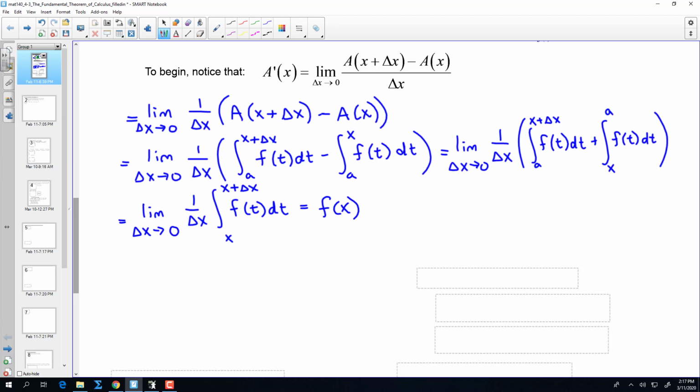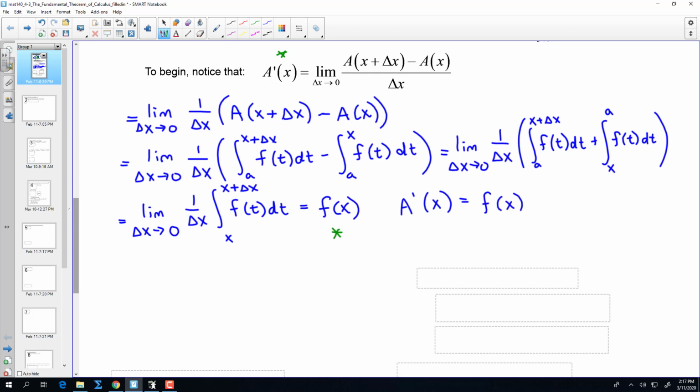And if that's the case, then what we've learned from the starting point to the ending point is that A prime of x is equal to f of x.